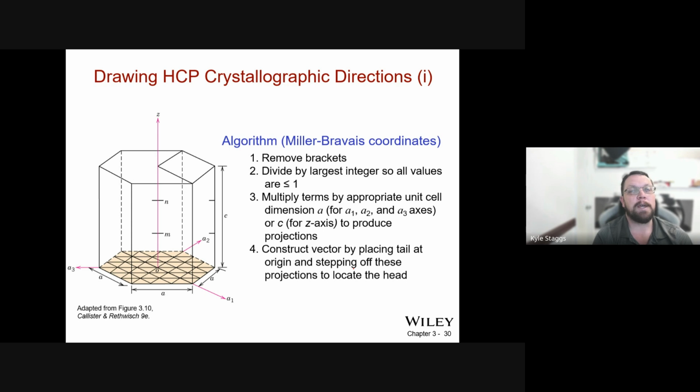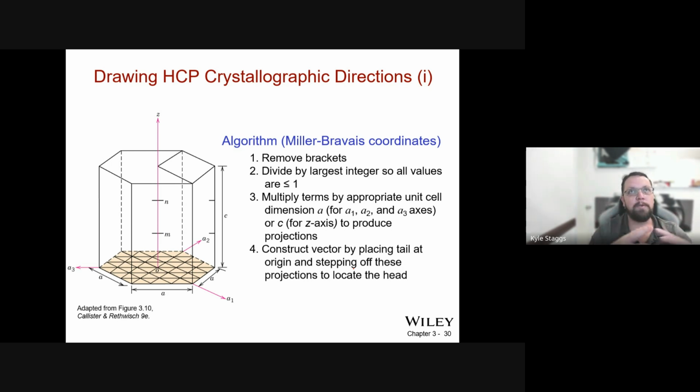we want to understand what the process is in order to determine these coordinates. So we start by removing the brackets. In this case, we have a 1, 2, and 3, and each of these axes is different, so we need to keep in mind how this is moving.